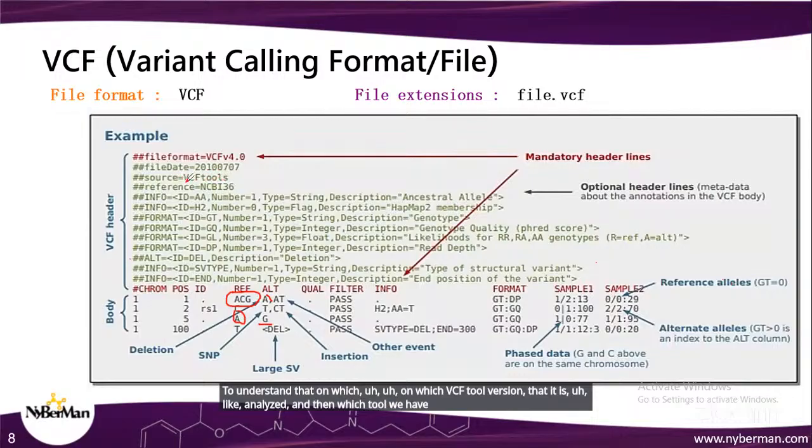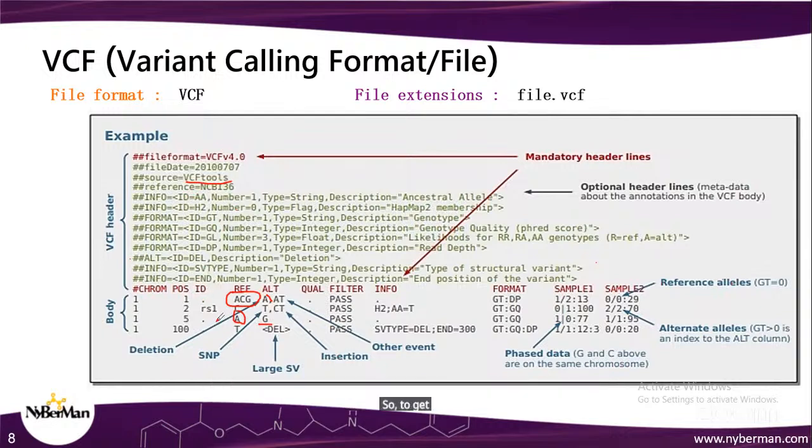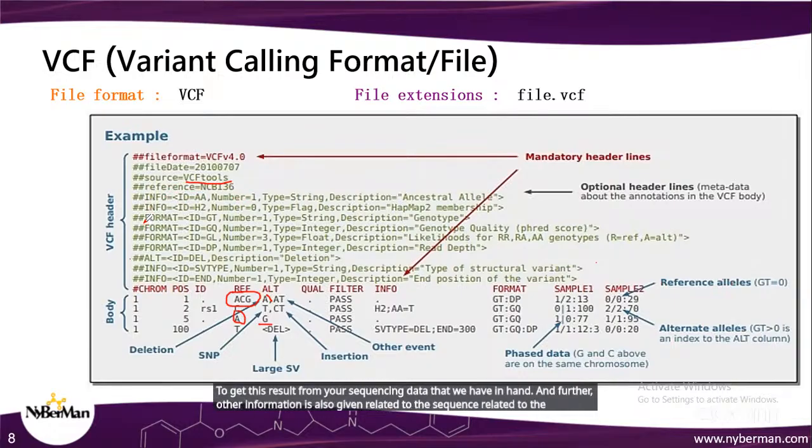For example, it is mentioned here that VCFtools is used to get this result from the sequencing data that we have in hand. Further information is also given related to the sequence and the format.